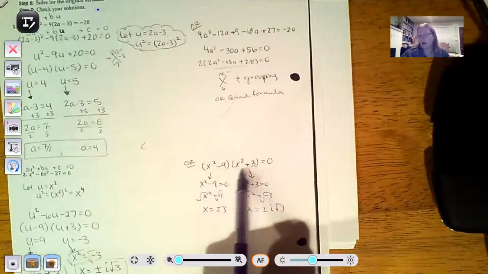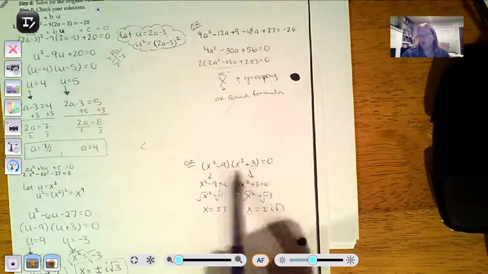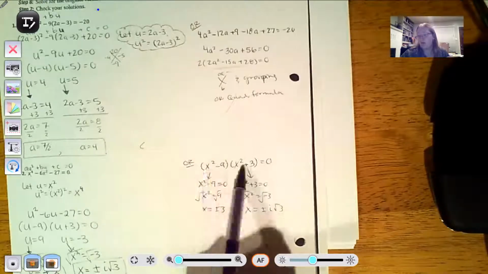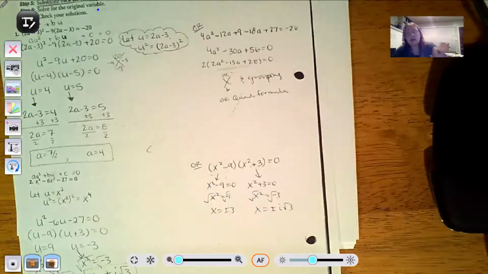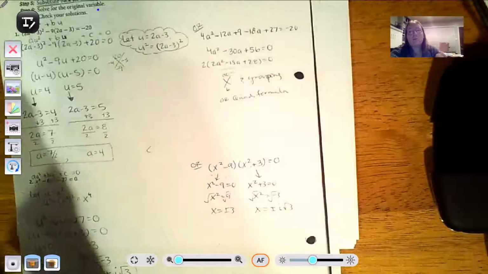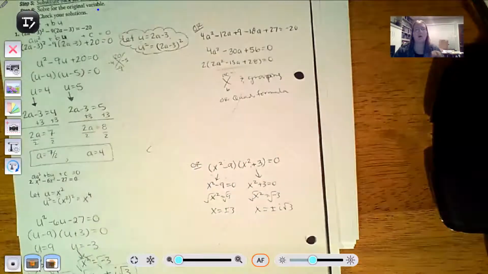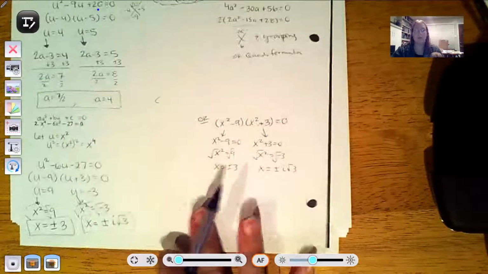You would just have an x squared, so that your middle term, your O and your I, give you the x squared, and the F part would give you the fourth power. And so solving it by factoring, you get the exact same solutions as we did when we did the u substitution.